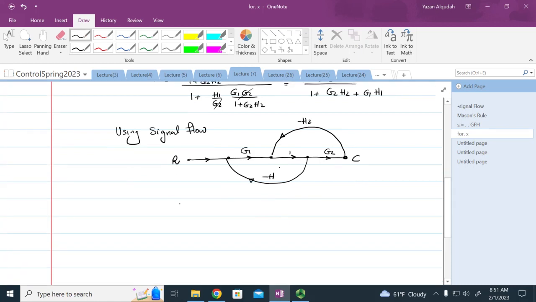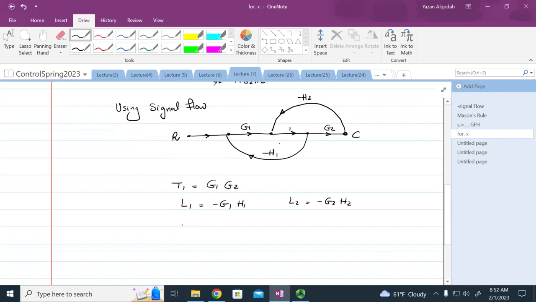So using Mason's rule, T1 is equal to G1 G2. We have two loops: L1 equals negative G1 H1, and the second loop is negative G2 H2. Therefore, we can calculate delta, which is 1 minus (L1 plus L2), which equals 1 plus G1 H1 plus G2 H2.